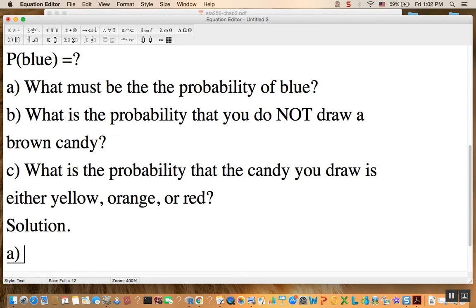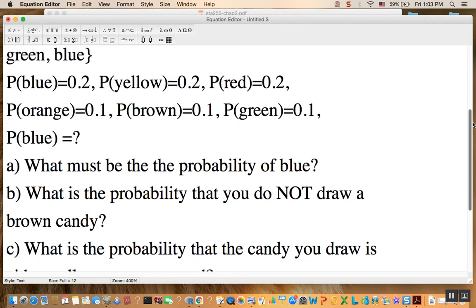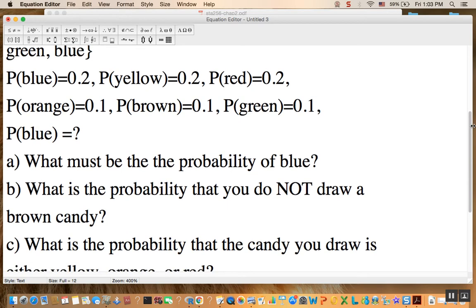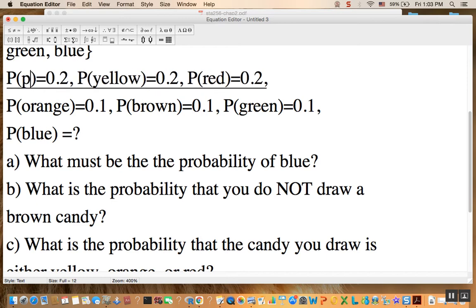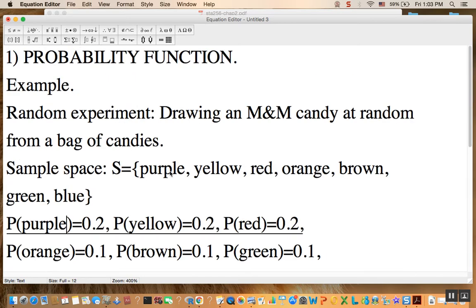What must be the probability of drawing a blue candy? Well, we go back to the information that we've got about the other colors. And by the way, here the first one is the probability of purple, right? For some reason I was thinking about blue from the beginning, but anyway.